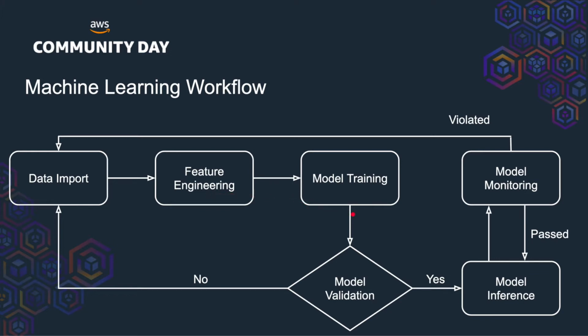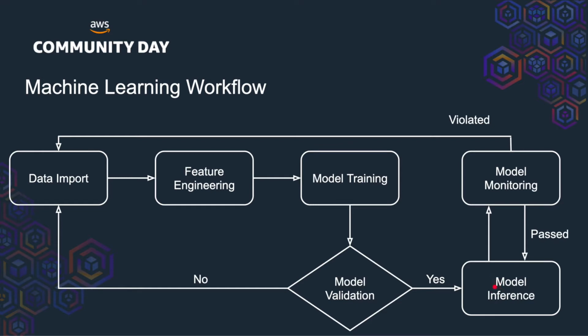Then we train the model on the extracted features, and then we validate the trained model, see whether it meets the success criteria. If it doesn't, then we may have to retrigger the whole training pipeline again to improve the model training. If it does, then we deploy the model into a production environment as a model inference component.